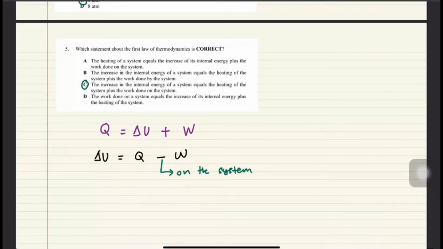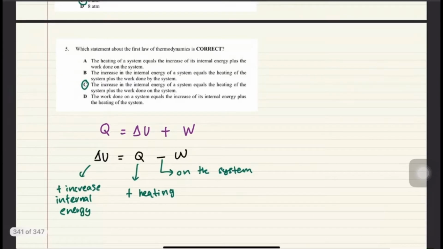So this one kalau positif dia adalah heating. So this one again is positive, it means that this one increase. Okay. So jawapannya C lah. Dia just nak confusekan kamu between the wording tu.